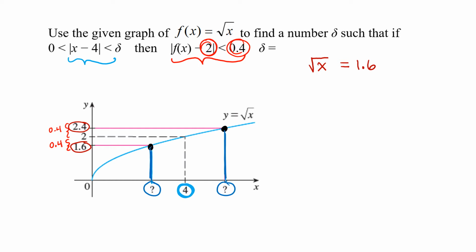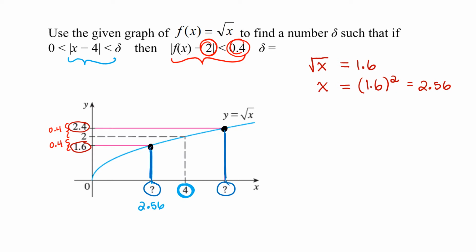And then in order to solve for x, we'll have to square that 1.6. So that means we have 1.6 times 1.6, which is 2.56. So the input that lands us at 1.6 is 2.56.